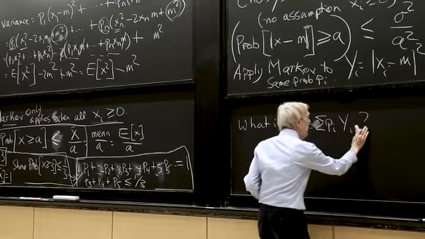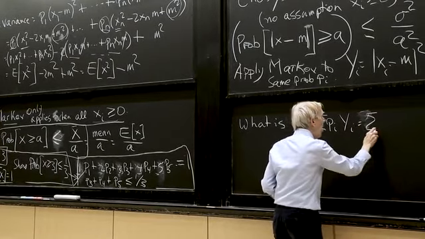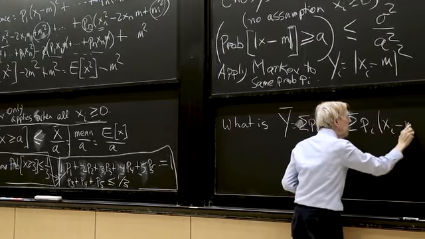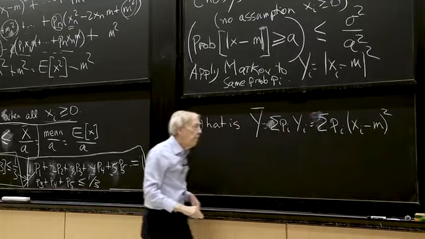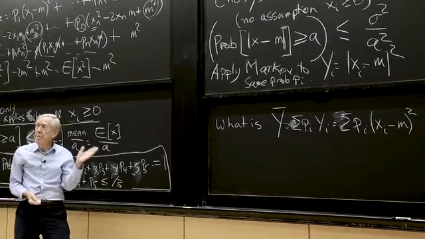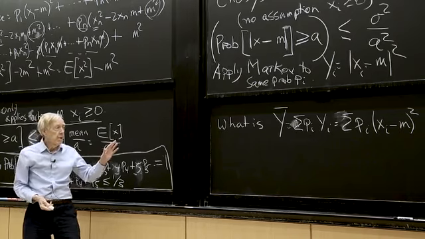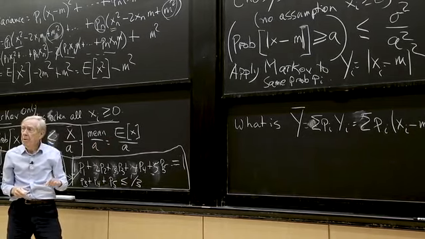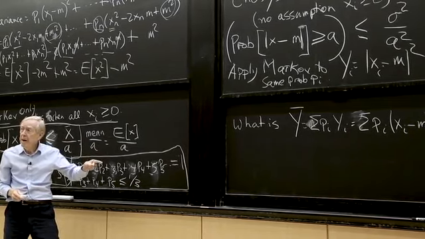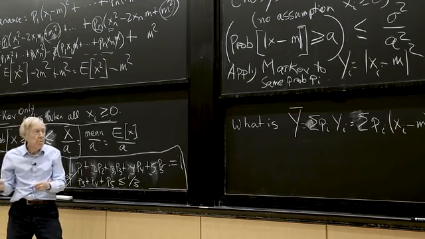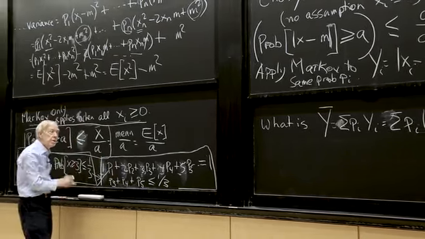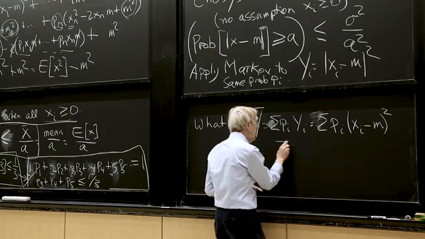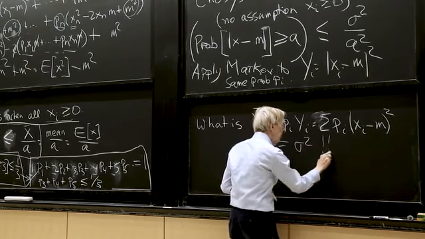This is the sum of probabilities, and my y's are the xi minus the mean squared. So the mean for this y thing that I've brought in has that formula, and we recognize what that quantity is. That's sigma squared for the original x's. So that's great. So the mean is the old sigma squared.